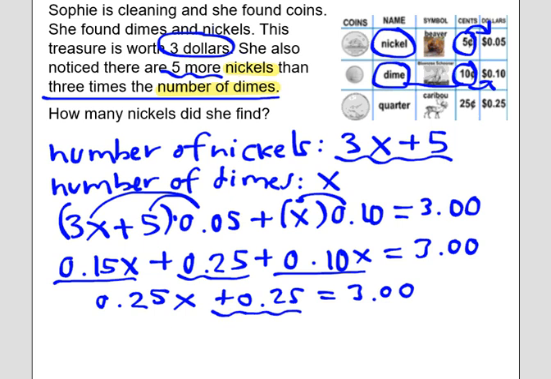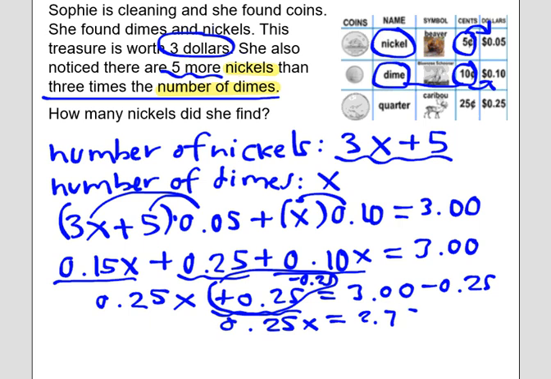So let's minus that. Minus 0.25 on the left, minus 0.25 on the right. So this here will cancel out. There's no more on this side. So we have 0.25x is equal to $3 minus 0.25. So that's $2.75.